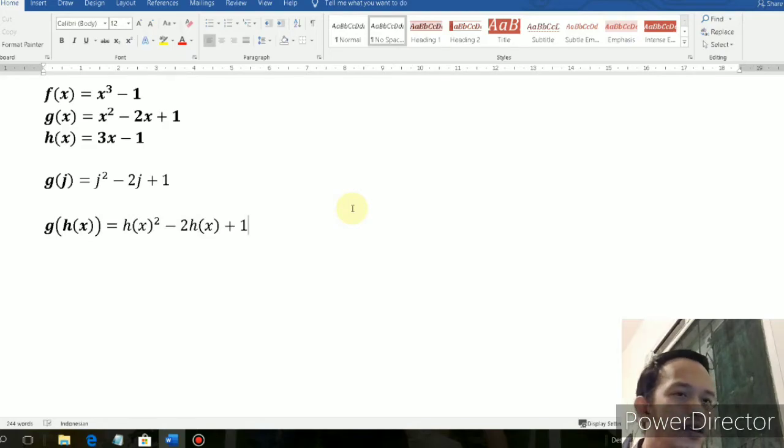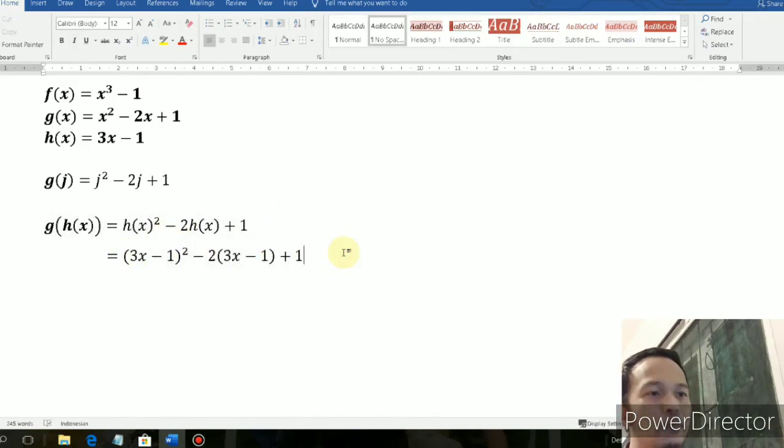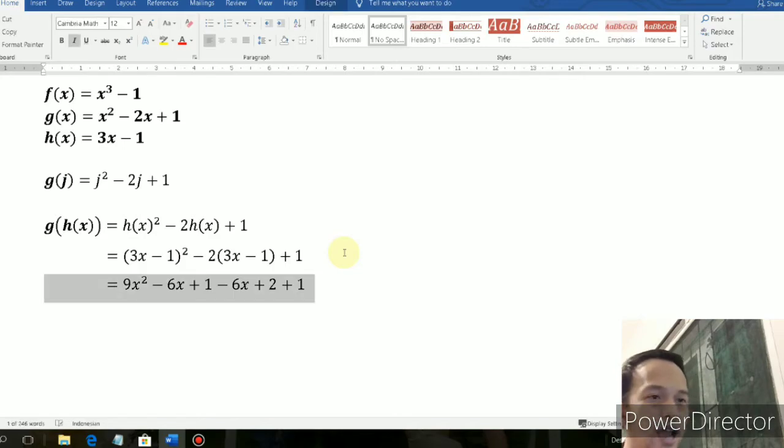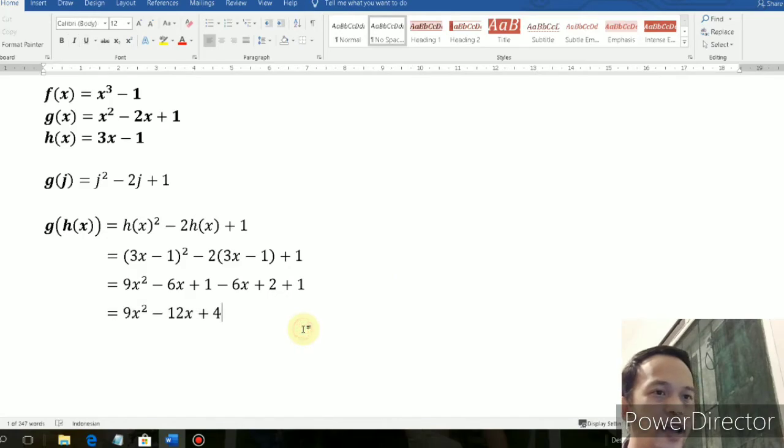But we cannot stop here since we know that h of x equals 3x minus 1, right? So let's substitute all h of x by 3x minus 1. There you go. It becomes like this, and you need to simplify it. Doing the simple arithmetic, in the end we find that g of h of x equals 9x squared minus 12x plus 4.